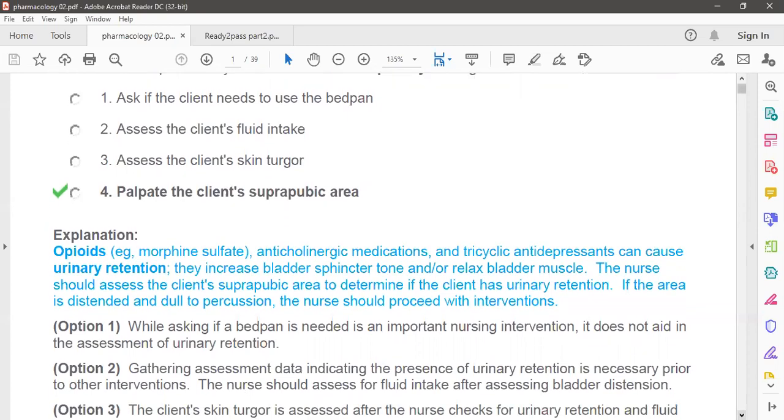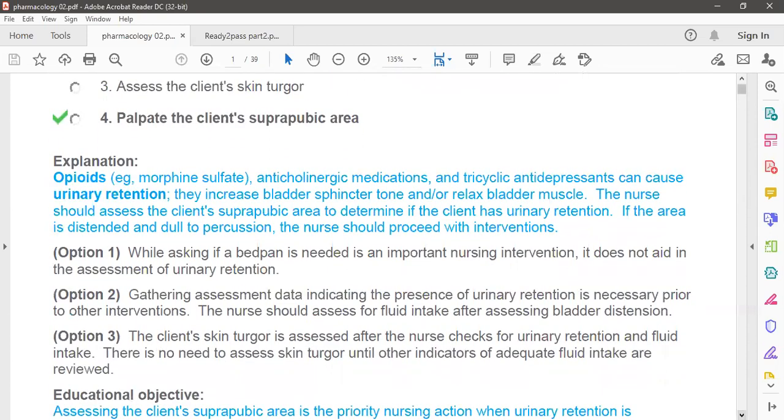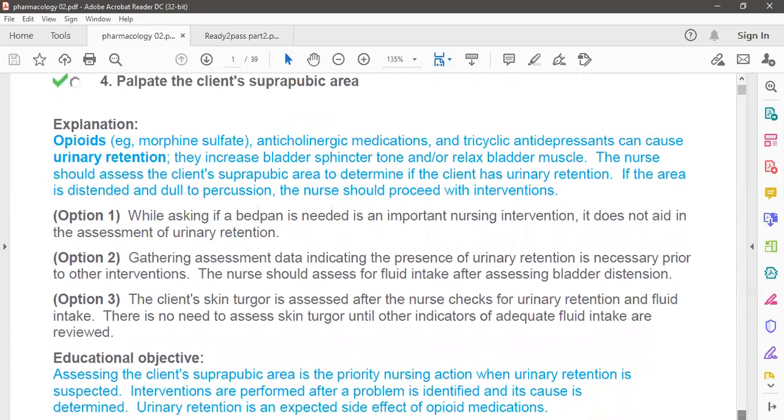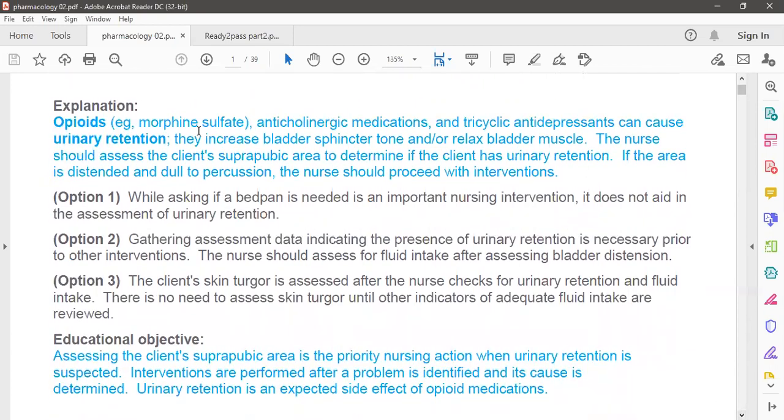Here we are going to talk about some explanation about morphine. Morphine is a group of opioid medication, right? Other opioids we use are hydromorphone, codeine, hydrocodone, and meperidine, the most frequently used medications in the hospital.